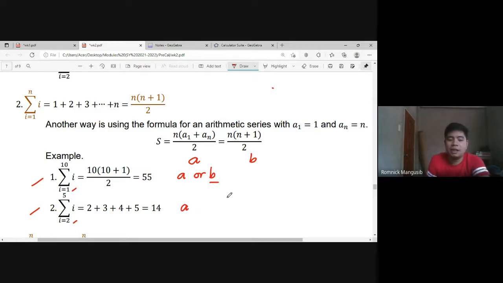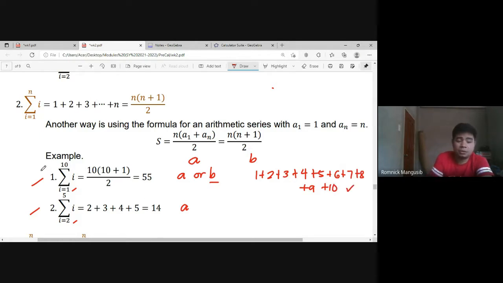Okay, let's check. In number 1, kung nag-start ka sa 1, nag-end ka sa 10, so ibig sabihin you have 1 plus 2 plus 3 plus 4 plus 5 plus 6 plus 7 plus 8 plus 9 plus 10. Ito ang tinutukoy na number 1. That's how we expand summation of I from 1 to 10. Okay?